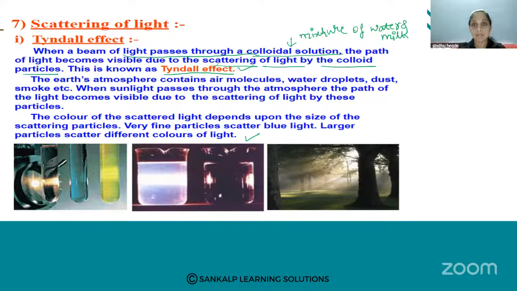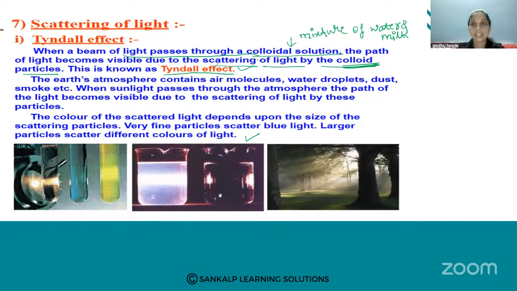So this is the main thing here. When the light passes through the colloidal solution, that solution contains both small particles and large particles. When the entering light hits these particles, they scatter it. This is called the Tyndall effect.